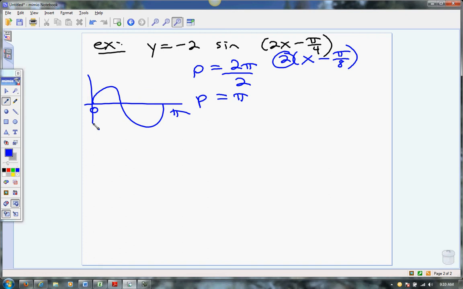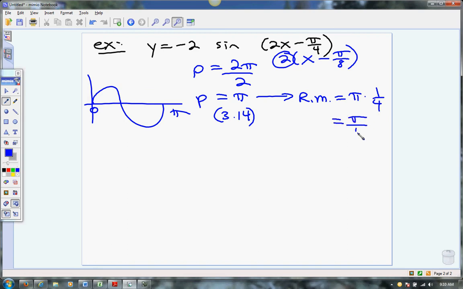Isn't it 3.14? The reason why that's important is because we have to set up our window correctly on the graphing calculator. Now, what would my road markers be? My road markers are going to be pi times 1/4. So that's going to be pi fourths.